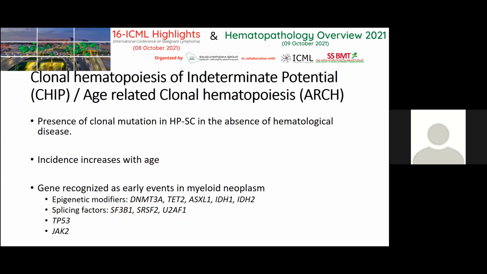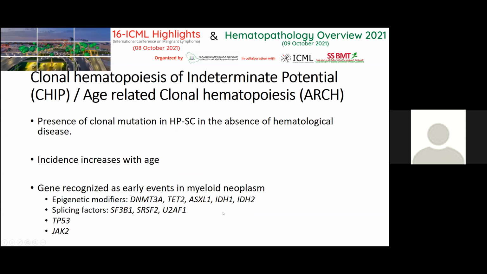And now I'm going to talk a little bit about clonal hematopoiesis and how it translates into difficulties for us in interpreting the result, especially measurable residual disease following the therapy.